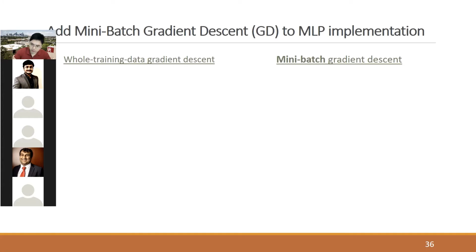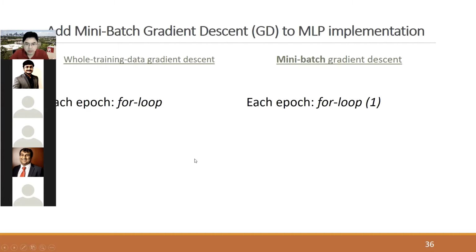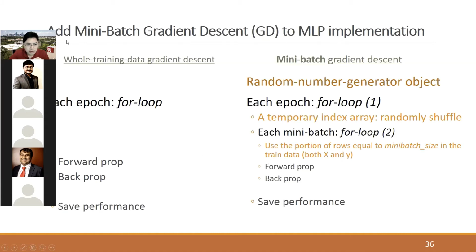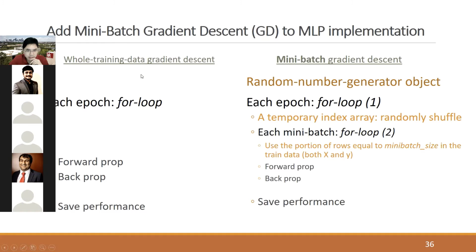But optimization efficiency was increased. So let me highlight the differences. I'll just go to the very end, skip these animations. On the left-hand side, you have the whole training set gradient descent.